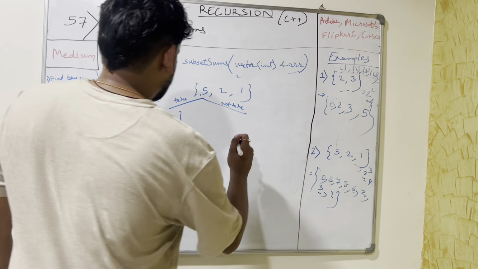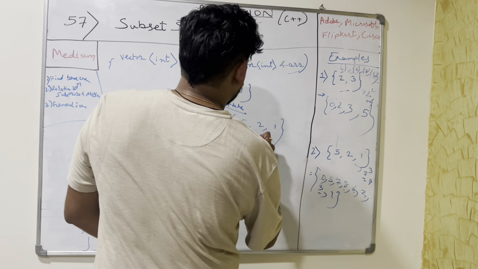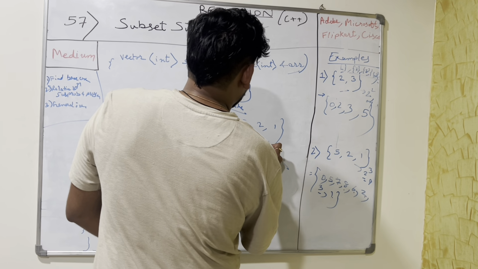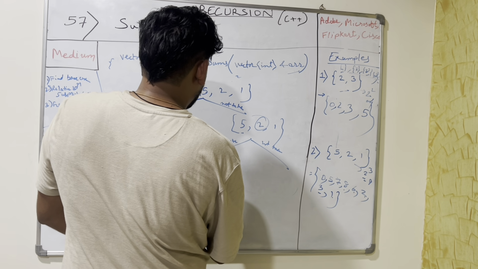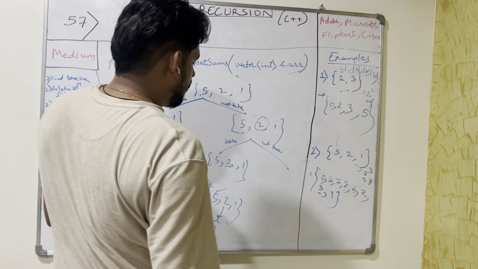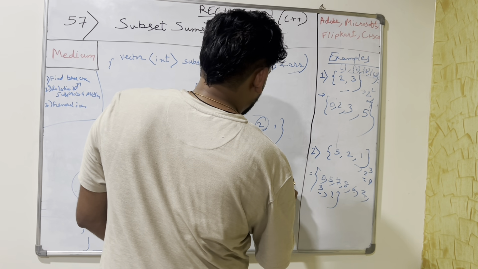Now in not take, you did not take 5, so you have 2 comma 1. Now you have a decision to make, take and not take. So from 5 you have come to 2, and now you decide to take 2. So you add it to some variable, and then the sum becomes 2, and here you don't take 2.